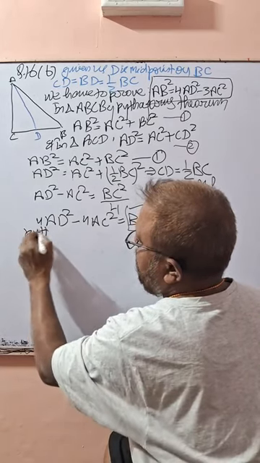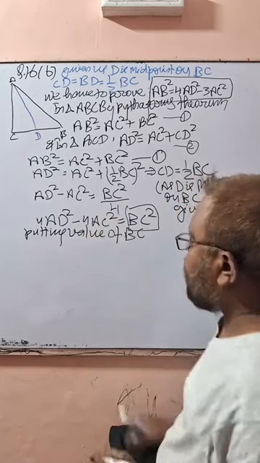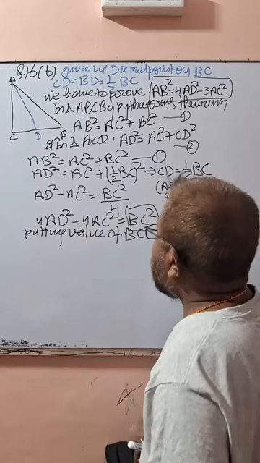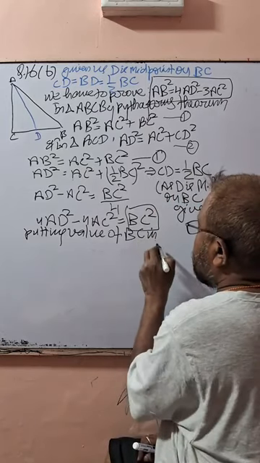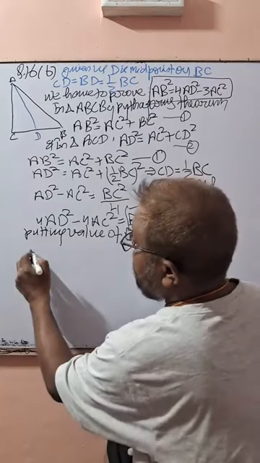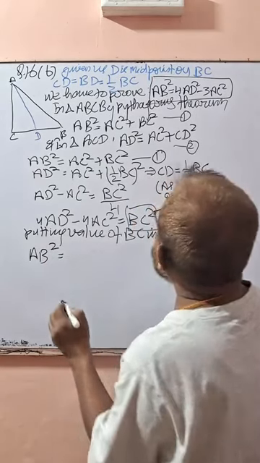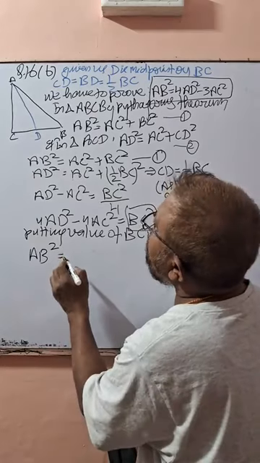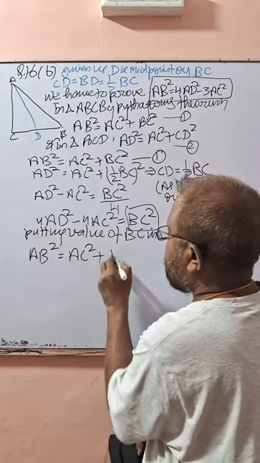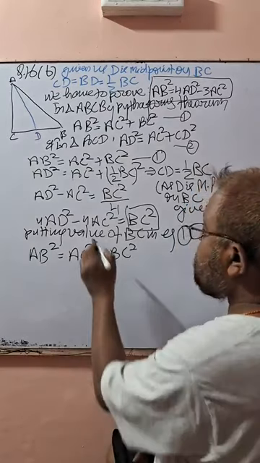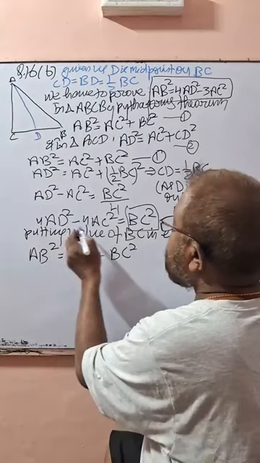Now putting the value of BC square in equation 1, that is AB square is equal to AC square plus BC square, and BC square is equal to this much.